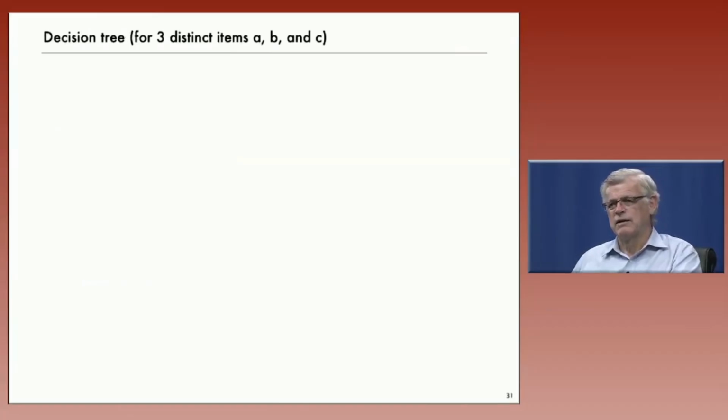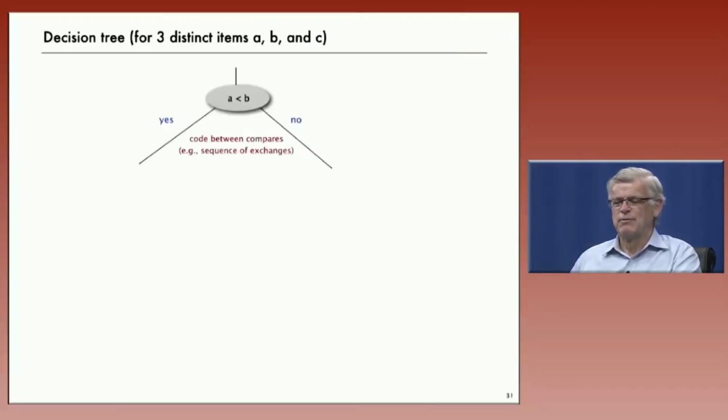So here's the basic idea for proving a lower bound for sorting. Let's say we have three different items, A, B, and C. Whatever algorithm we have is going to first do a comparison between two of the items. Let's say they're A and B. And then there's two cases. Either it's yes or it's not yes.